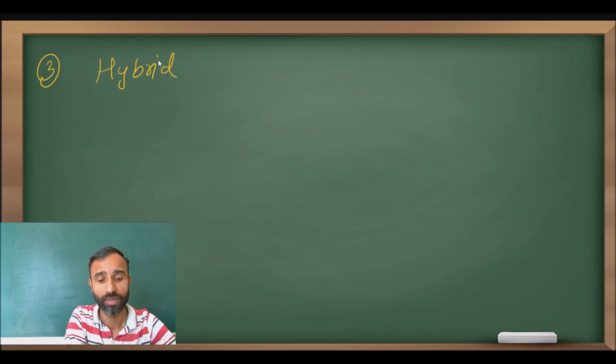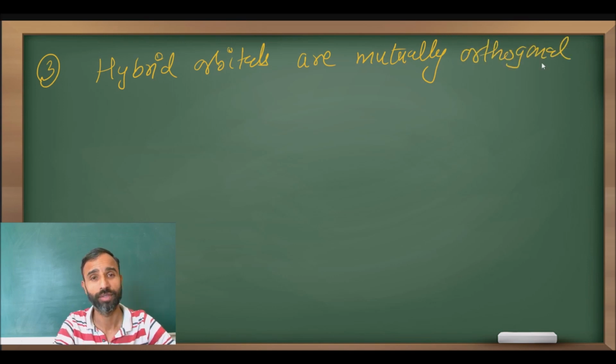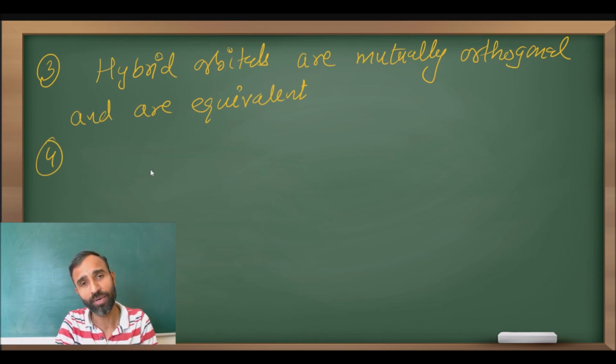Third point is hybrid orbitals are mutually orthogonal and at the same time they are equivalent. That means by symmetry operation we can transform one hybrid orbital into another hybrid orbital.